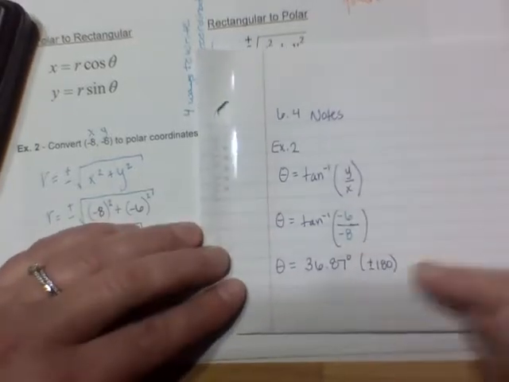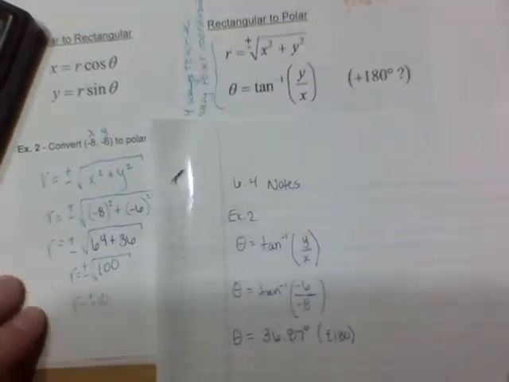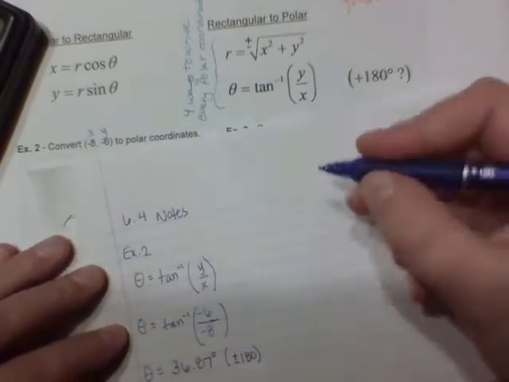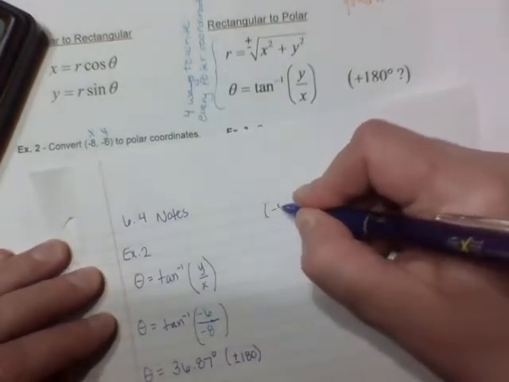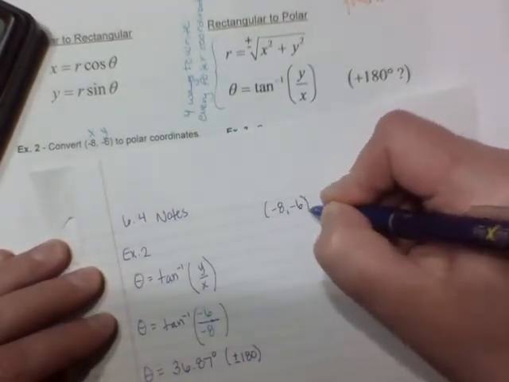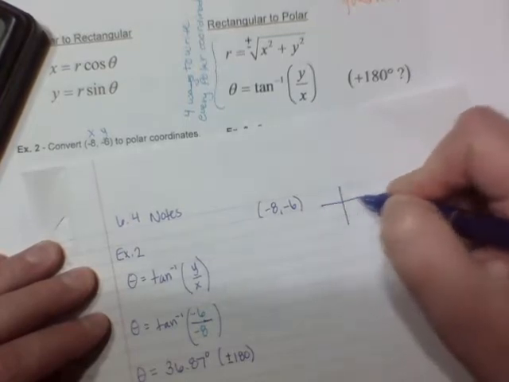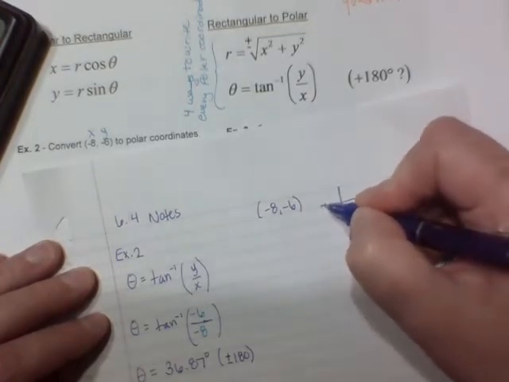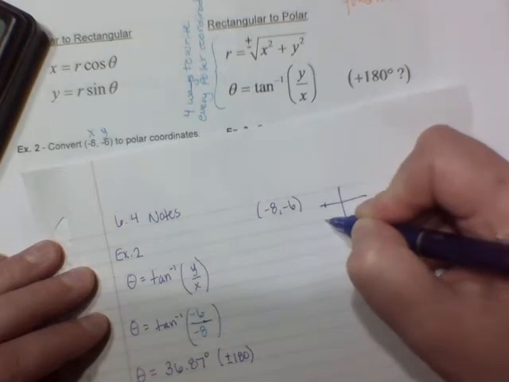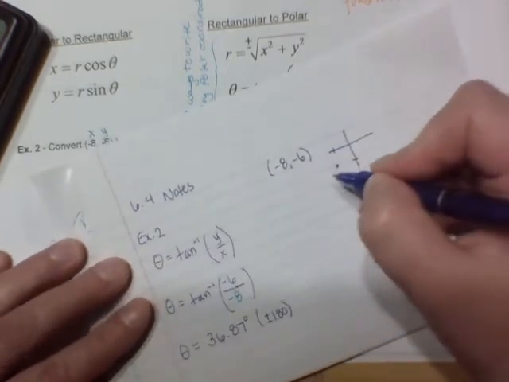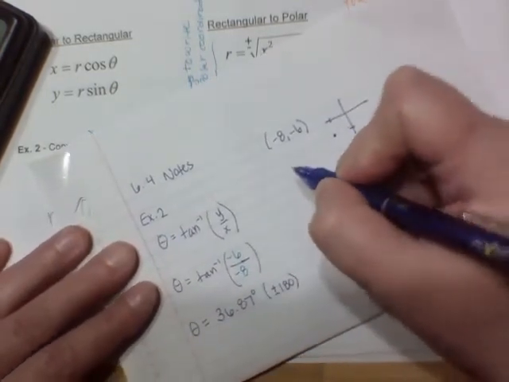So just checking. So when we actually graph the coordinate of -8, -6, -8 goes this way, -6 goes this way. So you're going to be in quadrant 3.